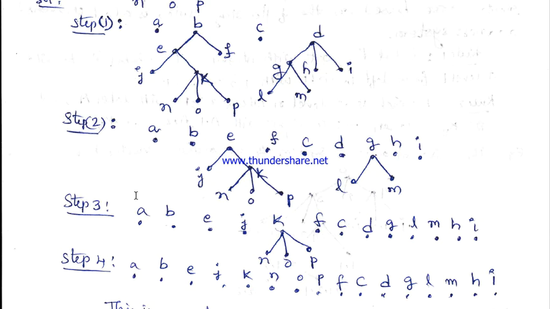Here, after A and B are visited, to traverse the subtree at E, we first visit the vertex E, then J, then the subtree at K, followed by the vertices F, C, D, then the subtree at G, visiting G first, followed by L and then M, again followed by the H, I vertices. This is called step 3 of the algorithm.